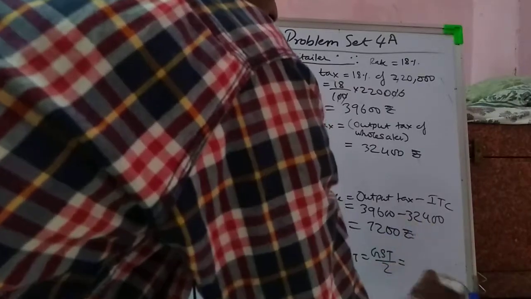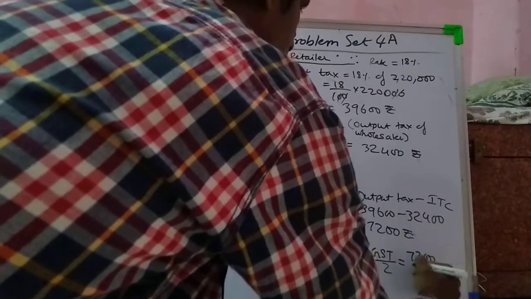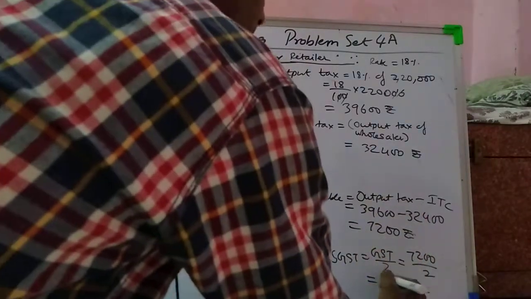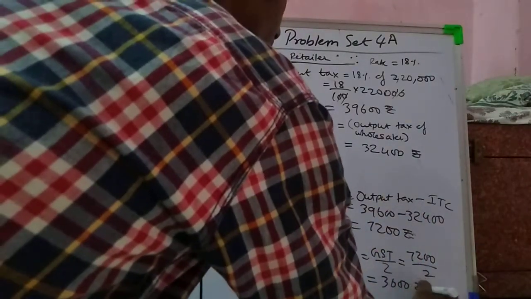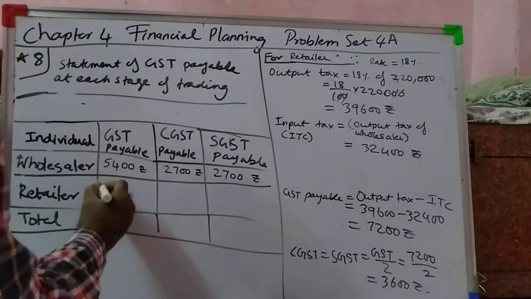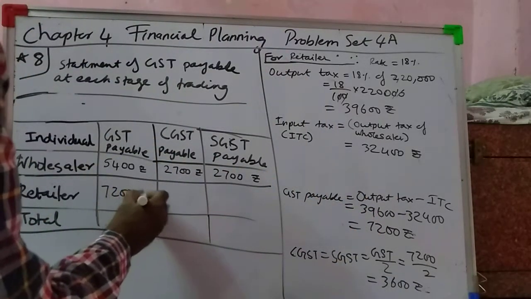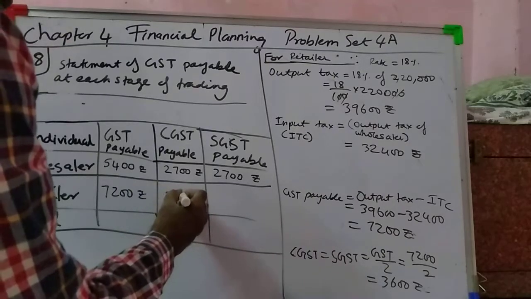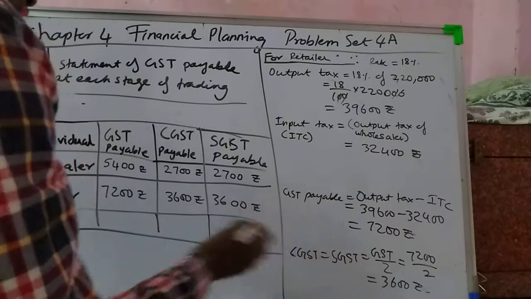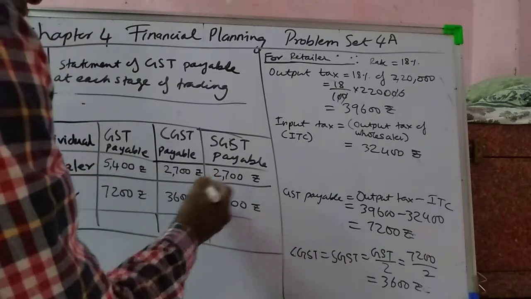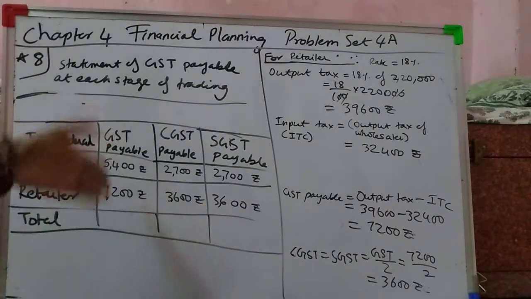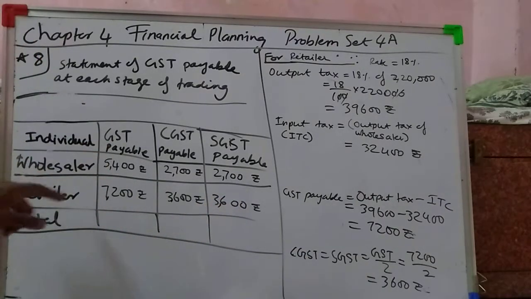You will get 7,200 rupees. Divide it by 2, and you will get 3,600 rupees each, so we write that here. Now add the totals.